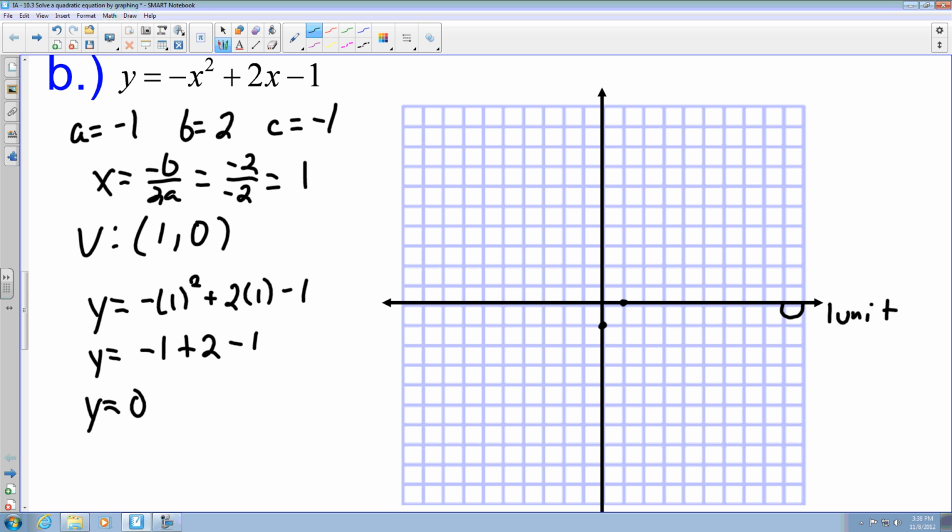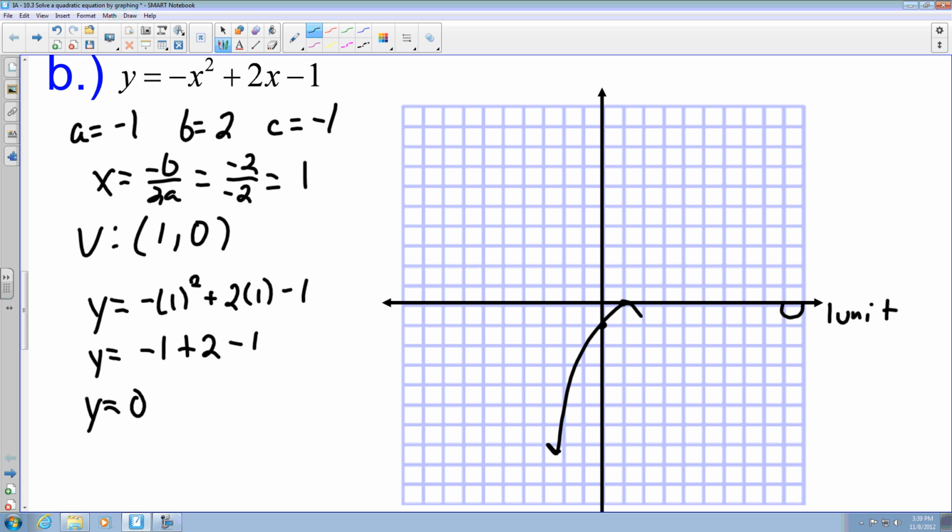Now if we look at this, we have a vertex that touches the x-axis. So that means that our vertex is also the x-intercept, which also means that it only has one solution. So I'm going to graph this. It looks something like this.